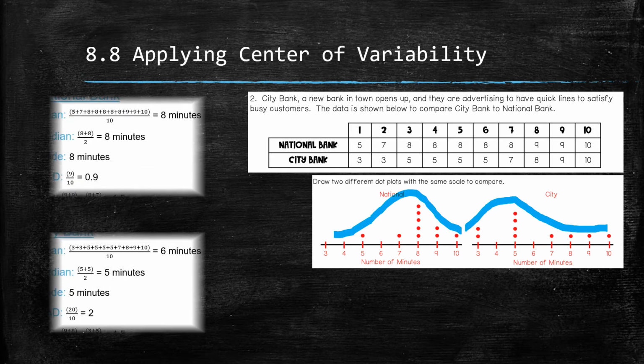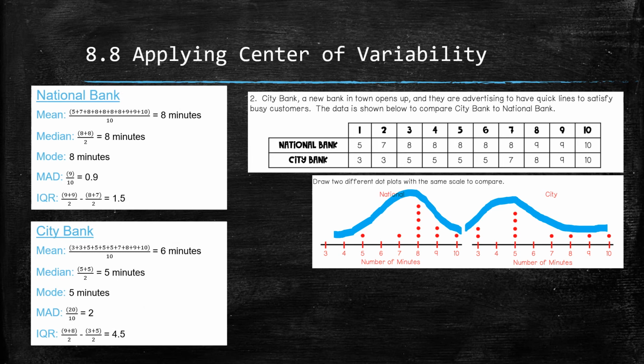I already went ahead and calculated the mean, median, mode, MAD, and IQR. Remember the mean: you add up all your data points and divide by how many data points you have. When I did that, I got 8 minutes for National Bank and 6 minutes for Citibank. So Citibank has, on average, 2 minutes less wait time.